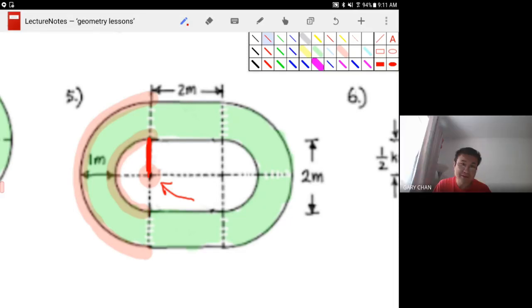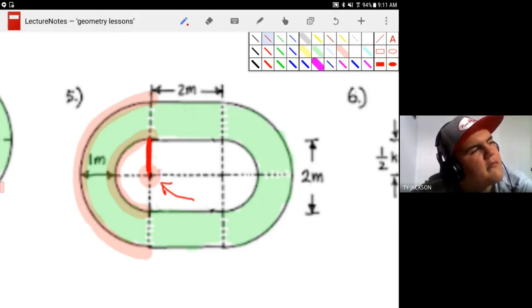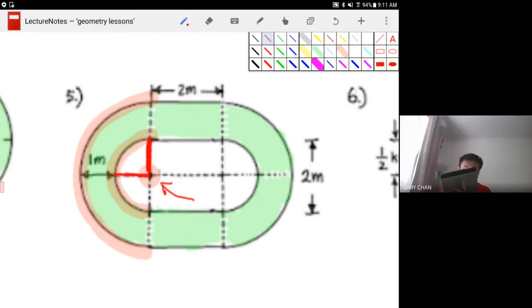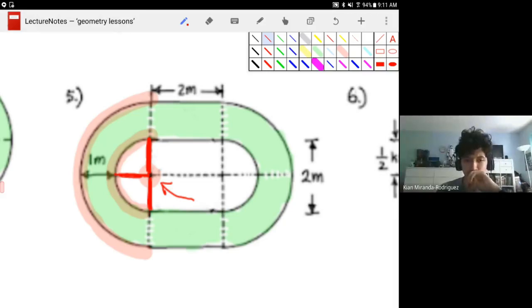Not circumference. Centroid? No, centroid is only for triangles. So what's the point called where the radius comes together?